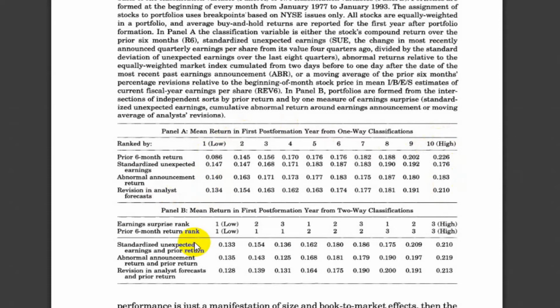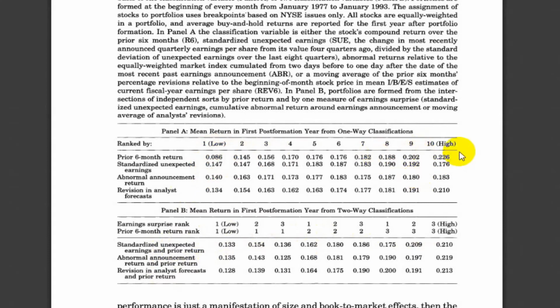And in panel B, we have the two ranking systems as we've seen in the previous tables, first ranked by the prior 6-month return and then by the different earnings surprise measures. And the results here are all 1-year returns.